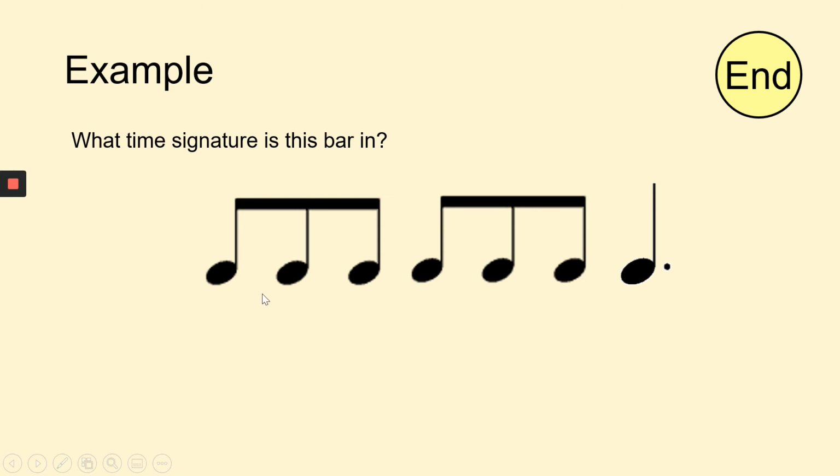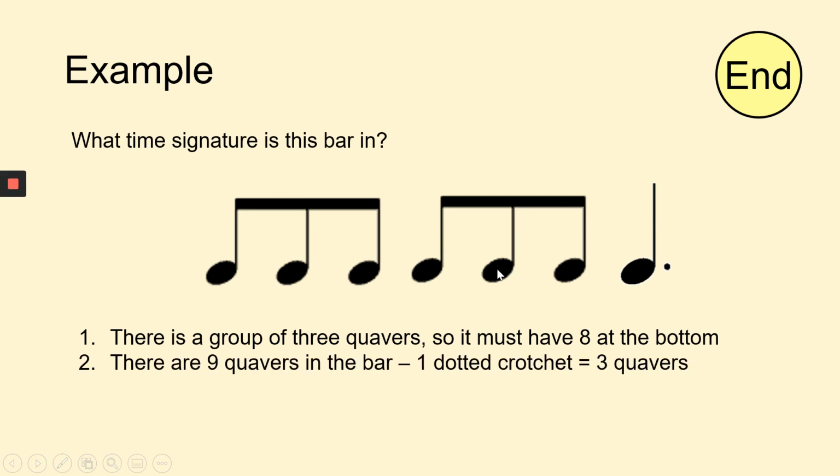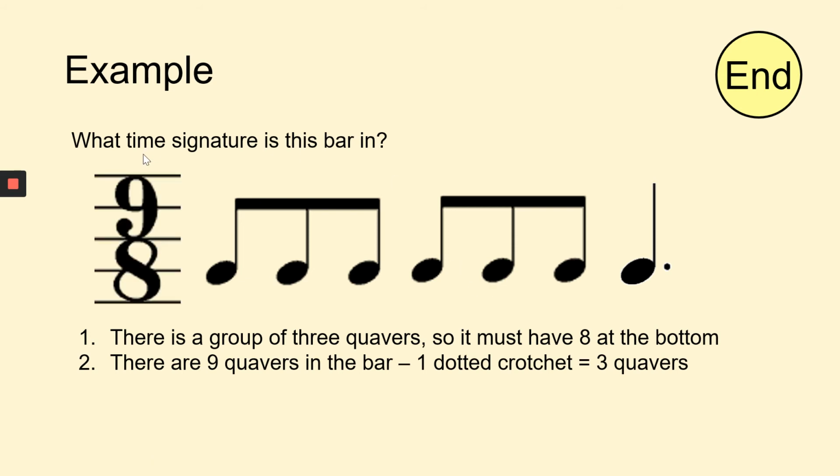This tells us immediately that we are in a compound time signature with an 8 at the bottom. Then all we need to do is work out how many quavers there are. We have 1, 2, 3, 4, 5, 6, and then we have a dotted crotchet, which is worth 3. This gives us a total of 9. So we have a 9 at the top and an 8 at the bottom, which gives us 9/8 time.